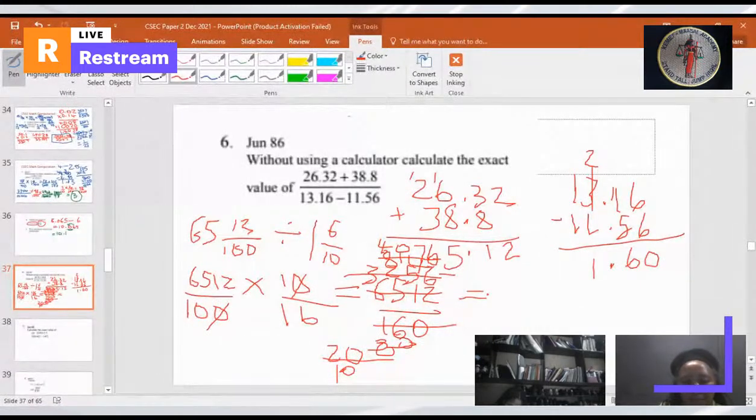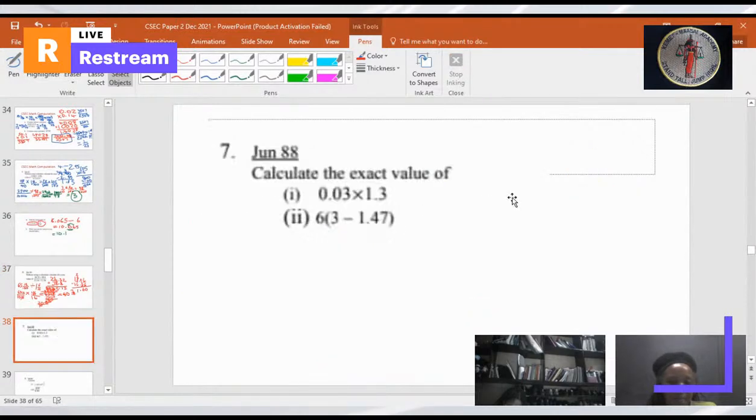That's 40 and 7 over 10. It's easier to work with fractions in these cases, unless you definitely see something in the decimal that can be cancelled straight off.